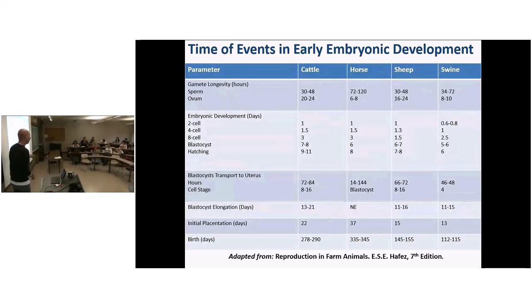One interesting thing here that I said, from an application point of view, having the zona pellucida is important because you can manipulate stuff. The other thing that is important is this blastocyst transport to the uterus. Blastocyst is basically, I'm going to explain later, but it's the next stage after morula.